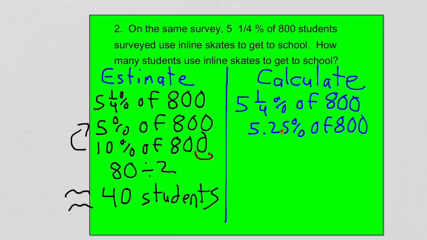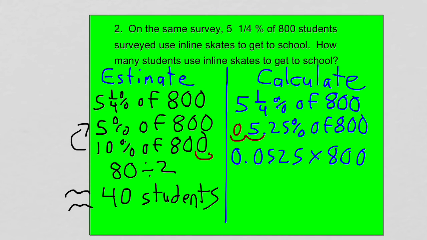But this number's still a percent. It doesn't become a decimal until we shift that decimal point 2 spots to the left. 1, 2. And in that open spot, we put a 0. So this becomes 0.0525 times 800. It's when we get to this part where I'll let them use their technology.